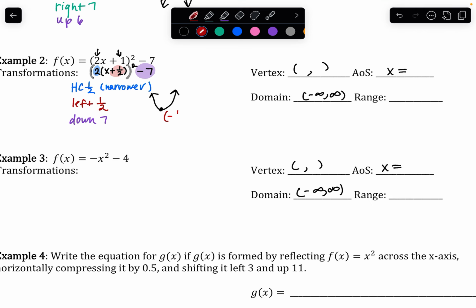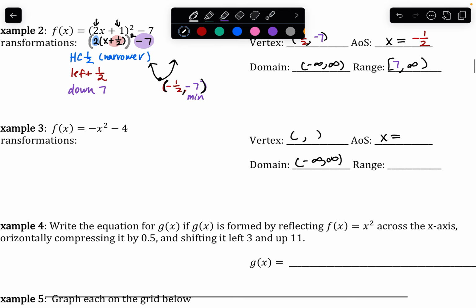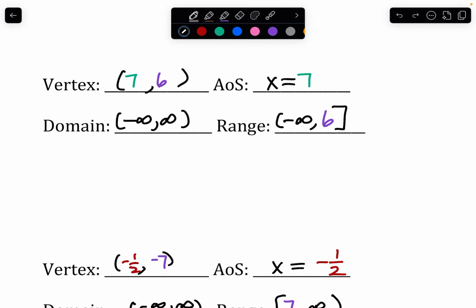And left 1/2, down 7 would put our vertex at (-1/2, -7), which means my axis of symmetry is x equals -1/2. Don't forget the x equals. And then because the -7 is a minimum now, my range is going from -7 to infinity, to positive infinity. Okay, if it's going to negative infinity, make sure you put the negative infinity first. Always least to greatest, bottom to top.